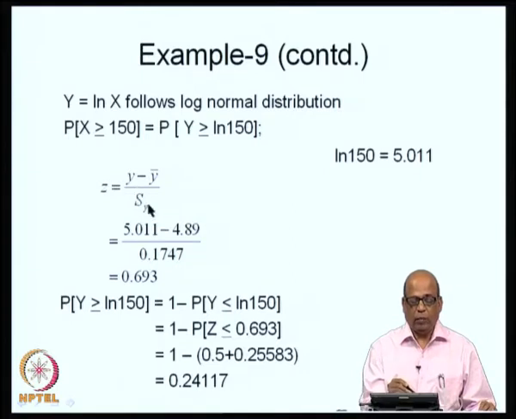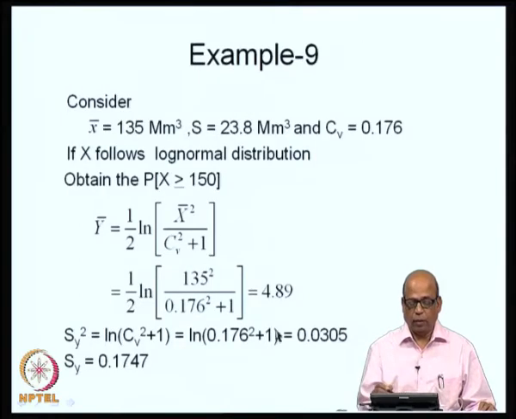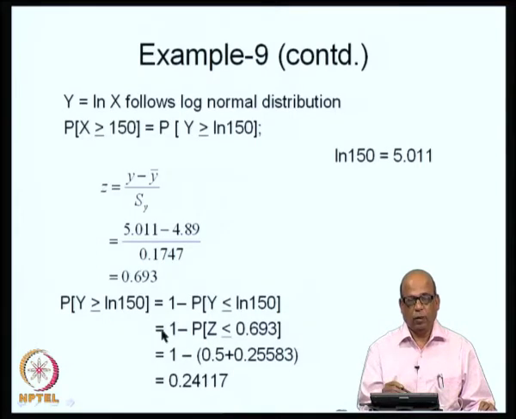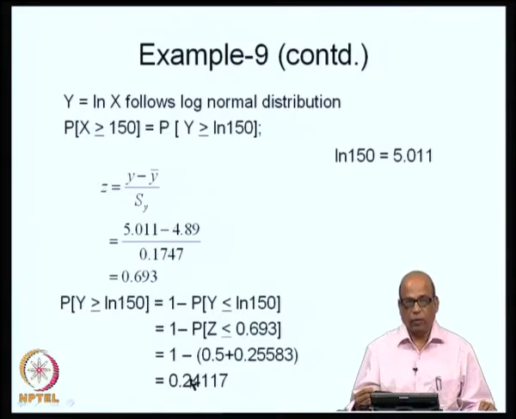So, y is ln 150, which is 5.011, minus 4.89, which is the mean of y as we obtained just now, and the standard deviation is 0.1747. So, using that we get probability of y being greater than or equal to log 150 using the standard normal tables as 0.24117.